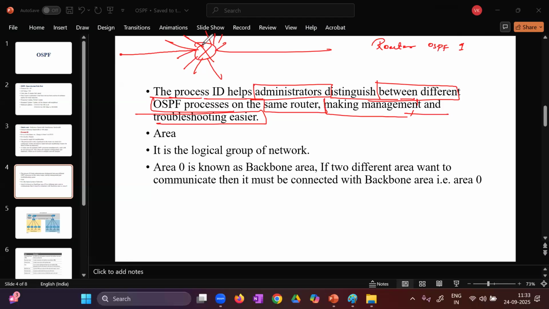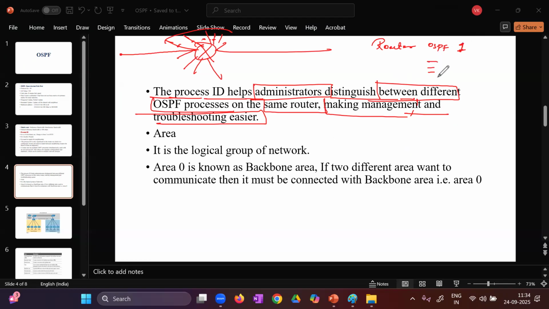You want to advertise all these networks into one process ID so that whenever you are troubleshooting, you know that these networks are part of that department. So that's why I have advertised them in a single process ID.